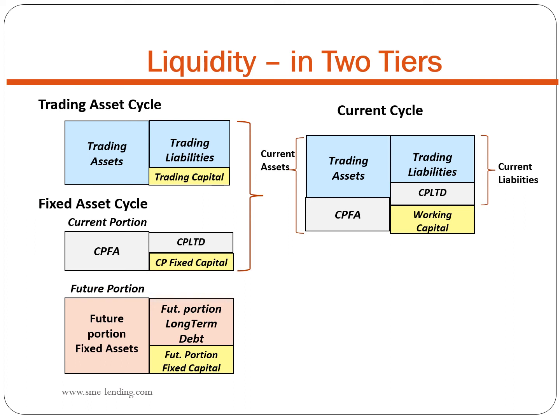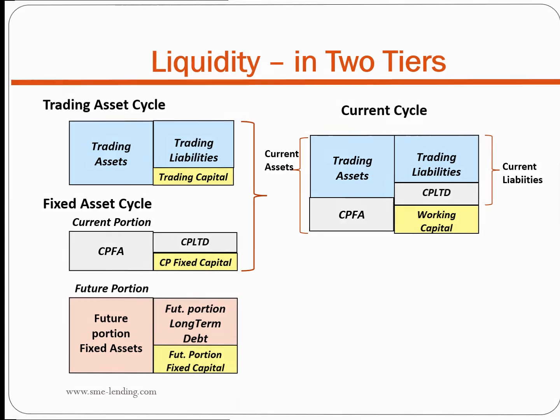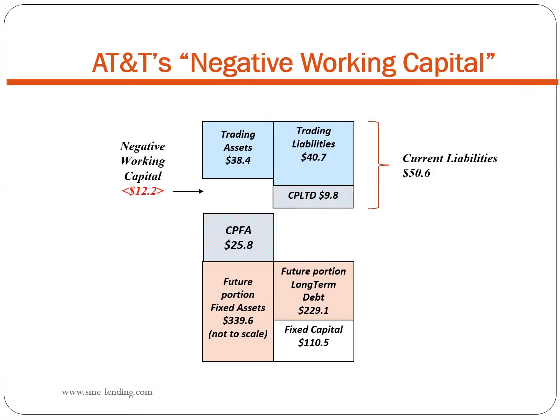Let's put some real numbers on this three-part balance sheet to illustrate its value. The way we measure liquidity today, AT&T is illiquid. Here it reports $38 billion in current assets and $50 billion in current liabilities, which results in a negative working capital of over $12 billion.